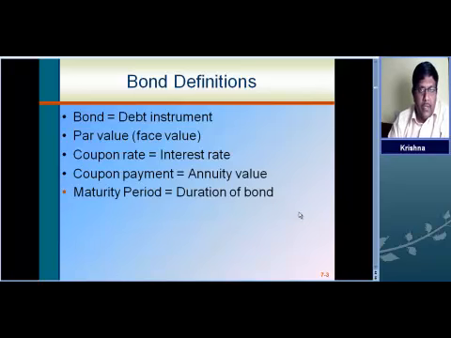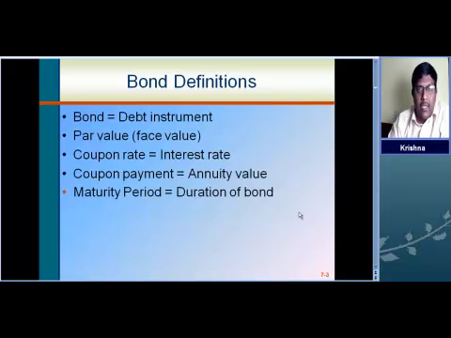Maturity period is equal to the duration of the bond. If we call it a 10 years bond, then the duration of the bond is 10 years. Sometimes the investor may purchase the bond after a certain period of its issue.